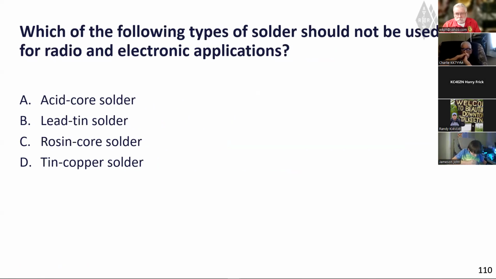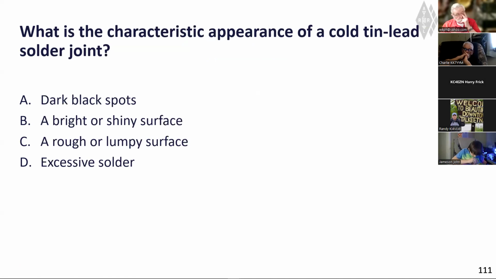Which of the following types of solder should not be used for radio and electronic applications? Acid core solder should not be used. What is the characteristic appearance of a cold tin lead solder joint? It is a rough or lumpy surface.